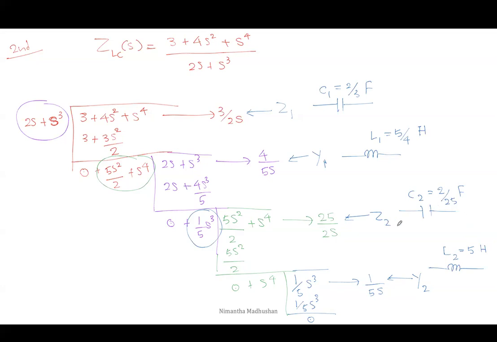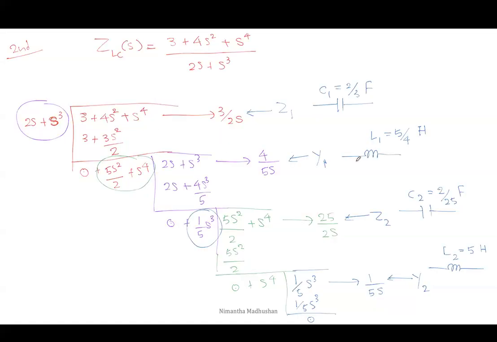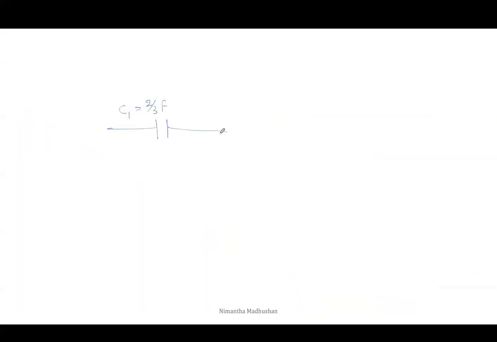Now we can draw the final circuit. First element is a capacitor. It is connected in series. Value is 2 over 3 farad, C1. The second one is admittance. Inductor, it is connected in parallel.